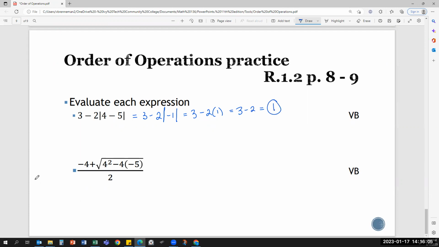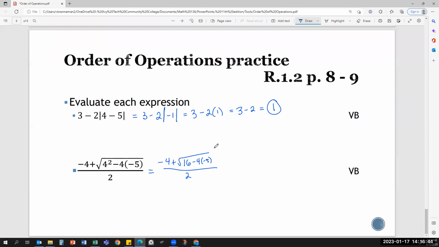And then last example, we have -4 plus square root of 4 squared minus 4 times -5, all over 2. So everything on top of the fraction is grouped by the fraction. So that's all got to be done before we can do the dividing by 2. Inside the square root then has to be done before the square root is applied. And we have the 4 squared done first, and then the -4 times -5.